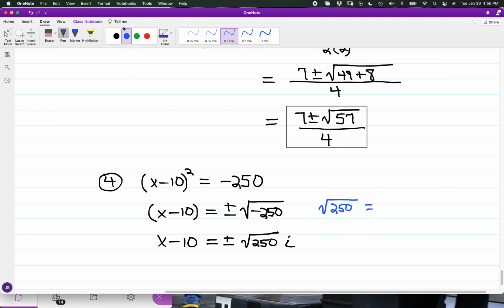Now for the square root of 250, if I were to factor, the highest perfect square that is divisible into 250 is 25. So I got the square root of 25 times 10, and breaking it down, the square root of 25 is 5, times the square root of 10.